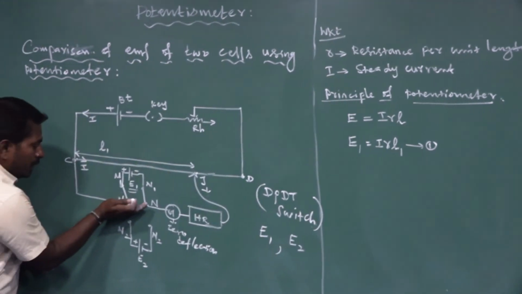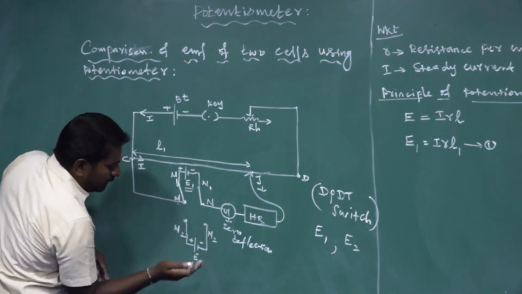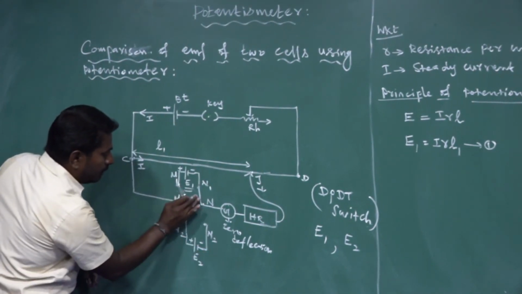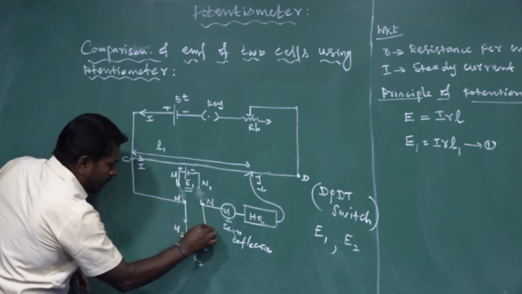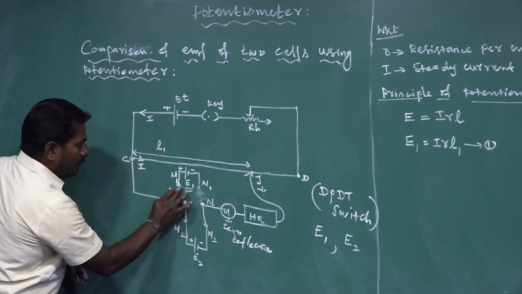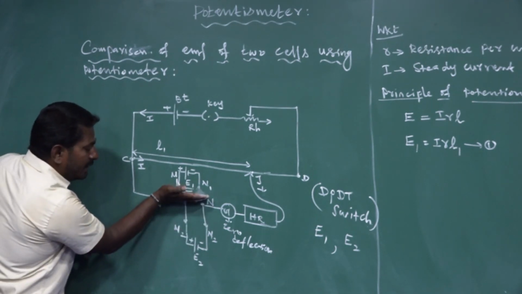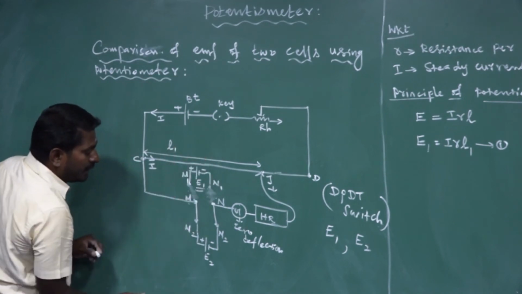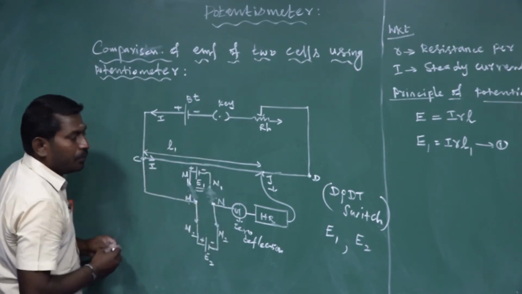Now the DPDT switch is pressed towards the second primary cell. Now the first primary cell is disconnected from the secondary circuit and the second primary cell is included in the secondary circuit.